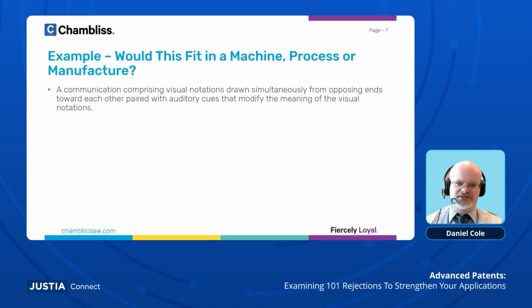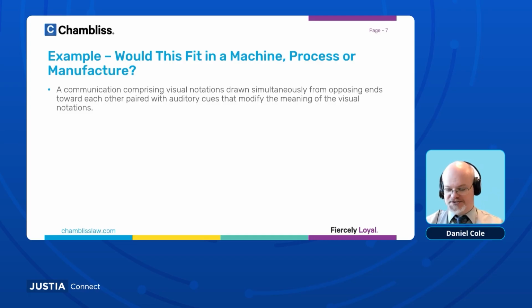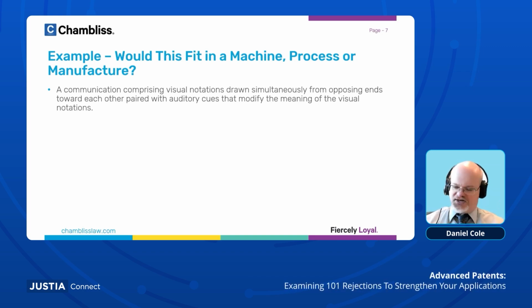So, no extra credit to figure out where this example came from, but the example here is, would this fit in a machine, a process, or a manufacturer? You've got a communication, and this form of communication comprises visual notations, and these visual notations are drawn simultaneously from opposing ends toward each other, and they're paired with audio cues. And depending on the way you do the auditory cues, you can modify the meaning of the visual notations.